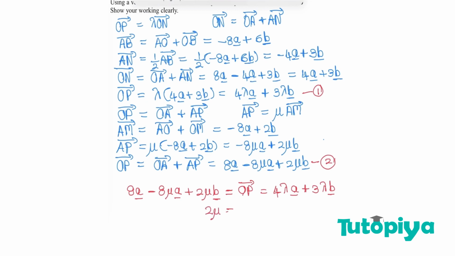That is, 2 mu must be equal to 3 lambda. And at the same time, 8 minus 8 mu should be equal to 4 lambda. So, what I can do is, I can substitute instead of 8 mu, I can break this and substitute this as 8 minus 4 times 3 lambda is equal to 4 lambda.